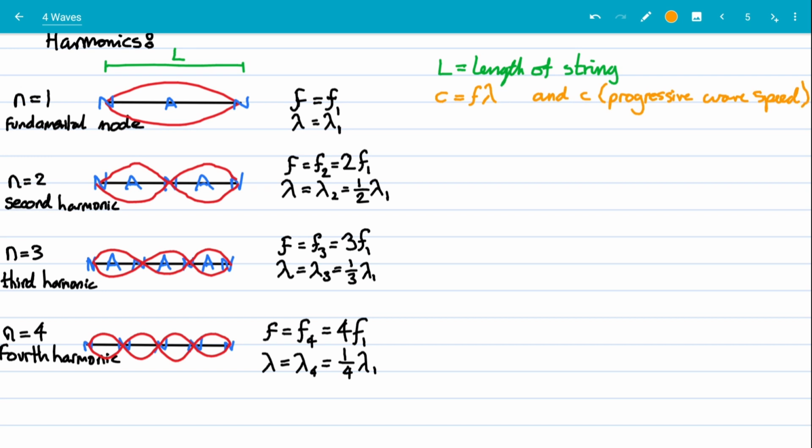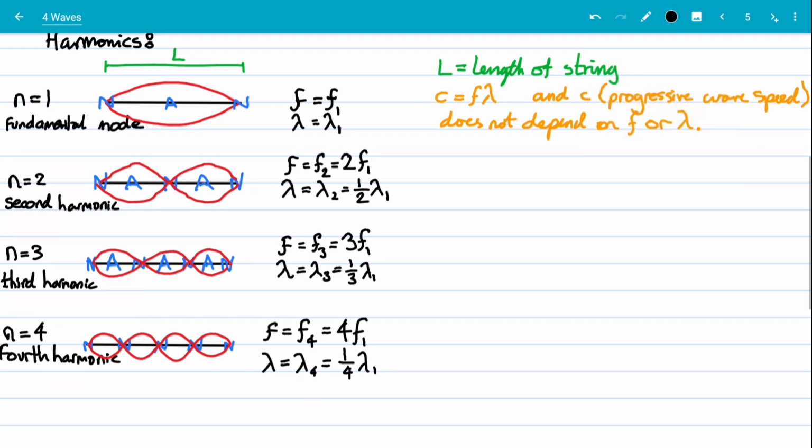So c, which is the progressive wave speed, does not depend on frequency or lambda. I'm not saying it's constant, because it does depend on the mass per unit length of the string, and it does depend on the tension of the string. But it doesn't depend on anything else. So I'm not going to call it constant, but I'm just going to say it does not depend on them.